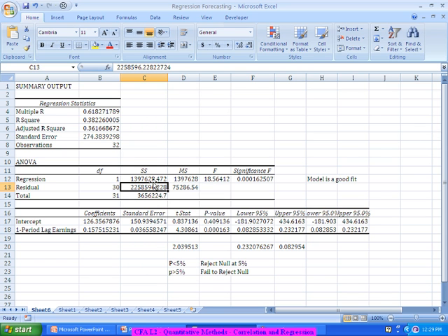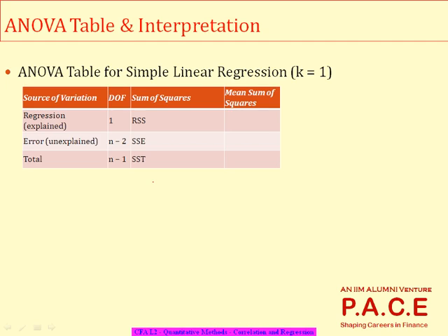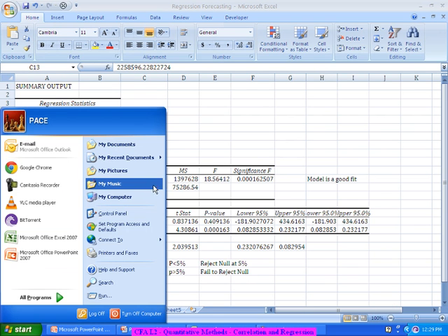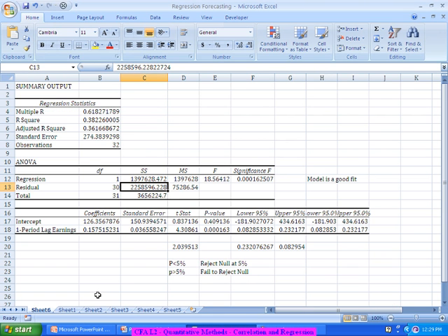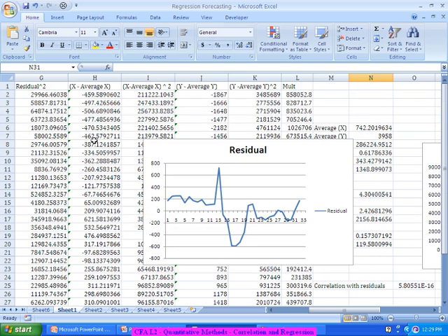And when I say regression sum of squares, I'll try to find out the variance of the regressed y.